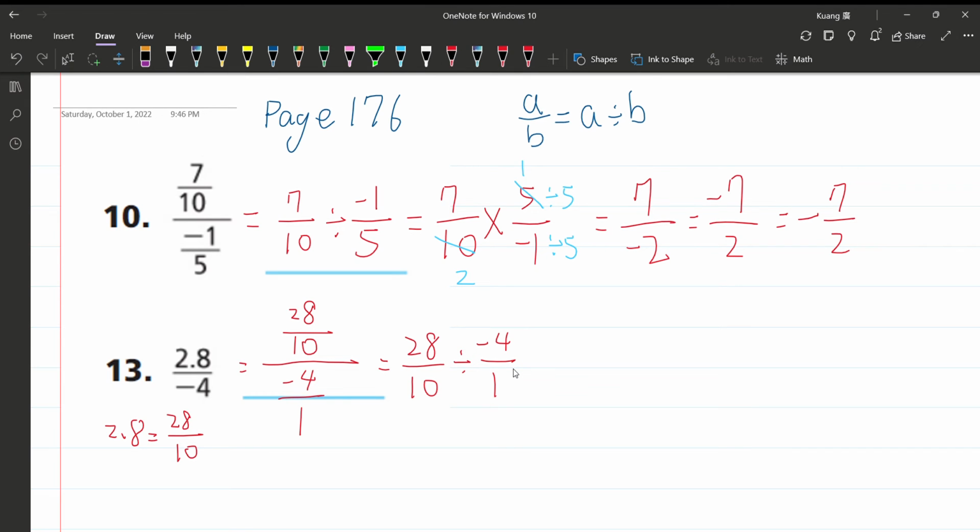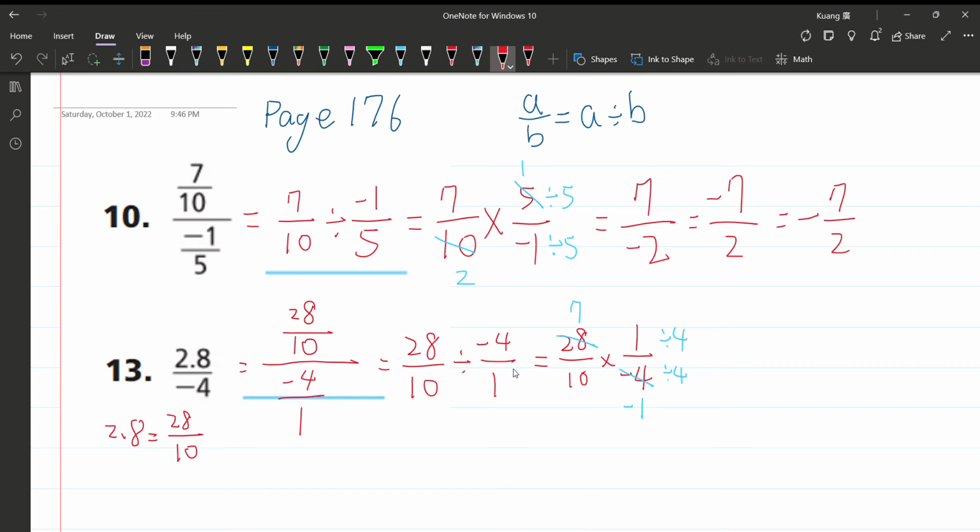Divide by something equals multiply by the reciprocal of that number. So you multiply upside down. So negative 4 on the bottom and 1 at the top. Again, you can divide by 4, both top and bottom. So this becomes negative 1, negative 4 divided by 4. A negative number divided by a positive number becomes negative. 28 divided by 4 becomes 7.